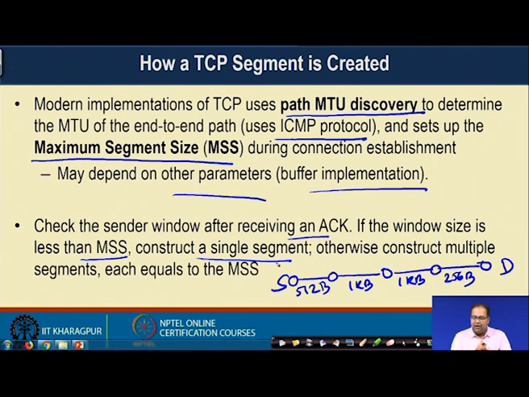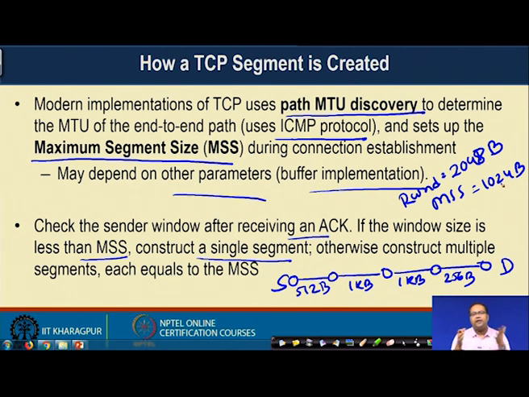Otherwise, if your receiver window size is more than your MSS, say your receiver window size is 2048 bytes and your MSS is 1024 bytes, then if you have 2048 bytes of data inside your sender buffer, you can create two different segments of 1024 bytes, and transfer them over the network.